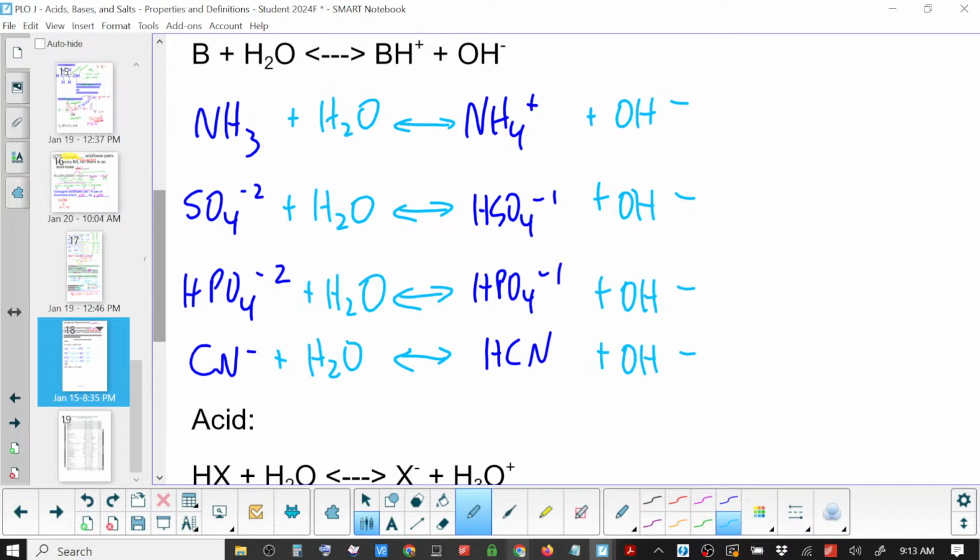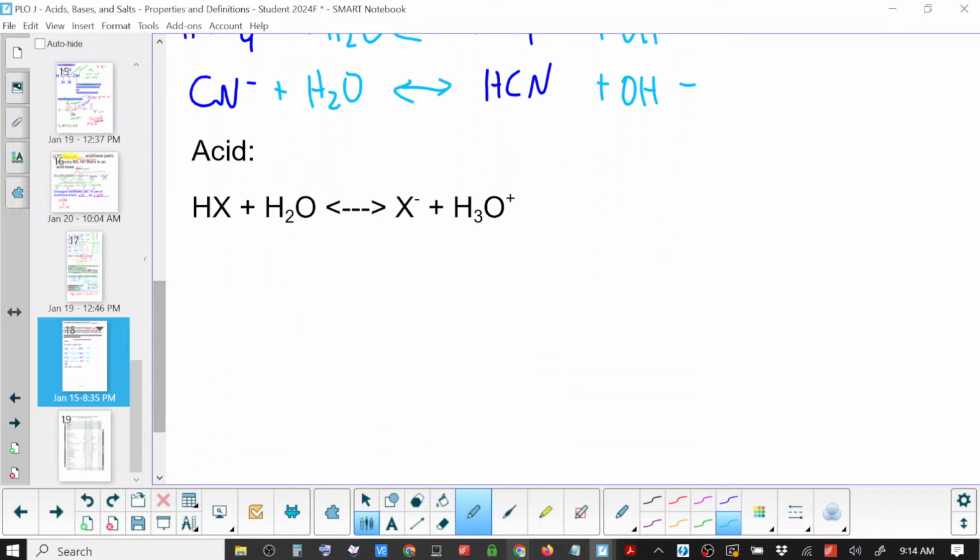I suspect for your example, the Kb would be larger, and it would normally react as a base, because H3PO4 is an acid. H2PO4 is sort of middle of the road, and by the time you get to HPO4, that negative charge is so big it wants to start acting as a base again. So I suspect that would in fact be basic, but I don't know for sure until I compare the numbers.